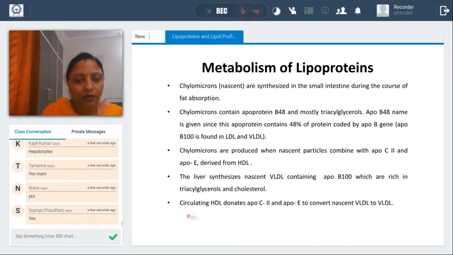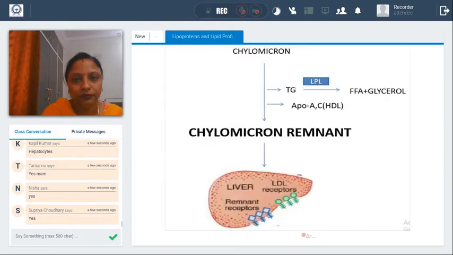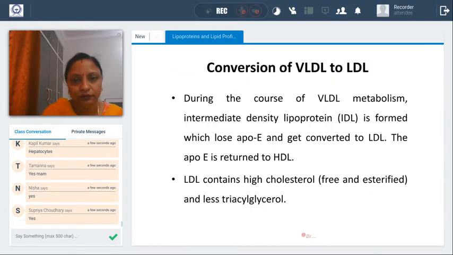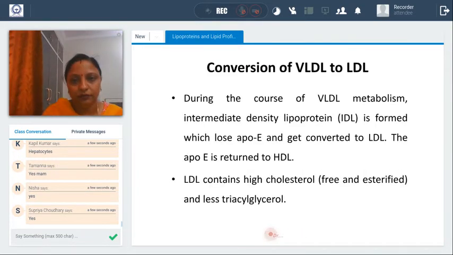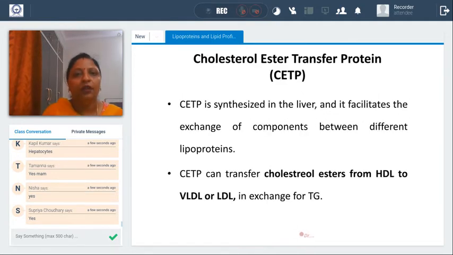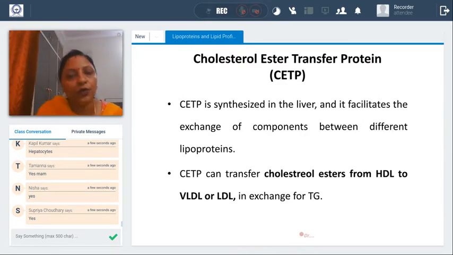Here I mentioned circulating HDL donates ApoC2 and ApoE to convert nascent VLDL to VLDL, and VLDL to LDL. Cholesterol ester transfer protein, CETP. What is this?